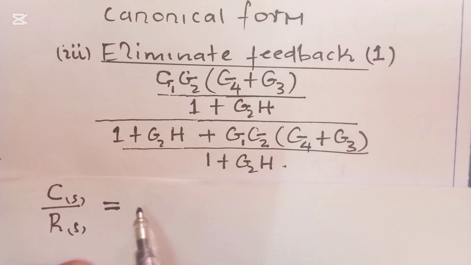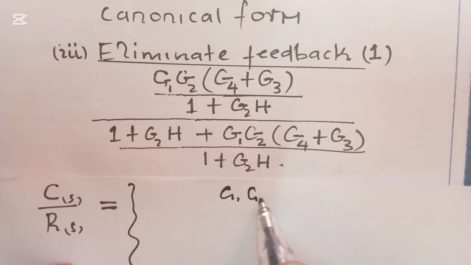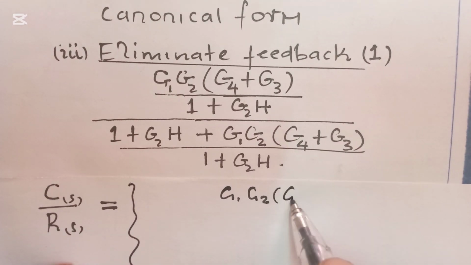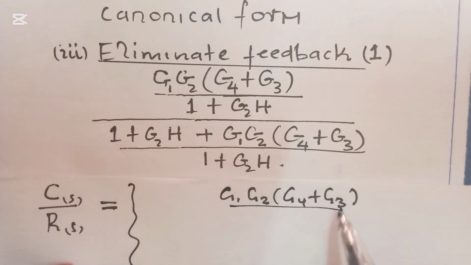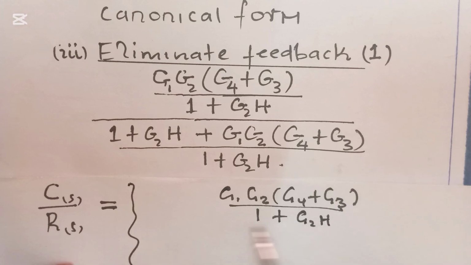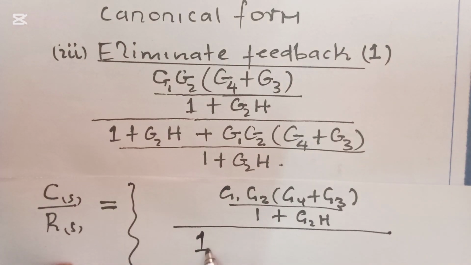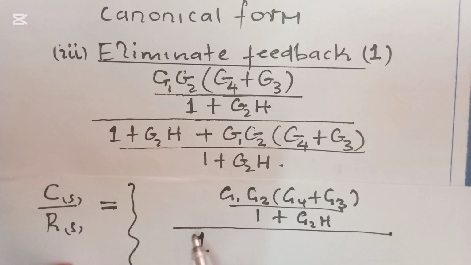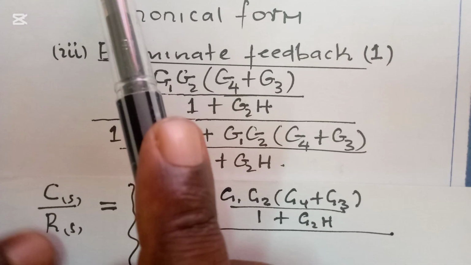Just to show you how I would have written it: G1, G2 multiplied by G4 plus G3, all over 1 plus G2H, all over 1. We are talking of 1 because we have a minus at the summation point.